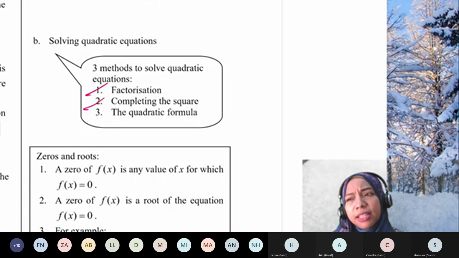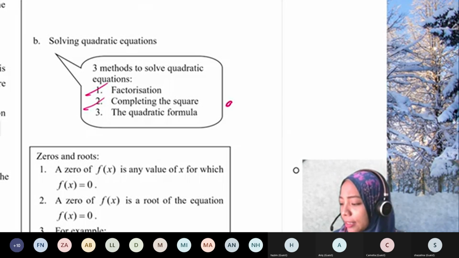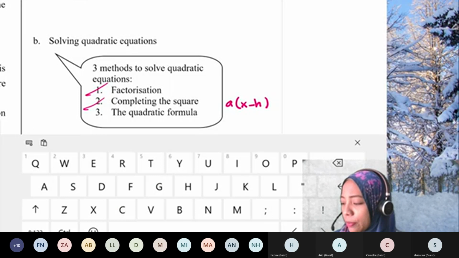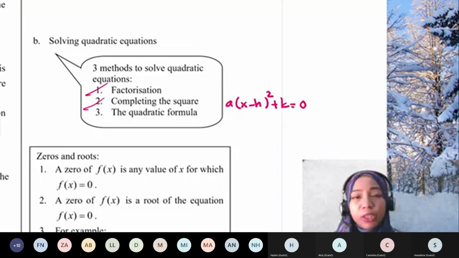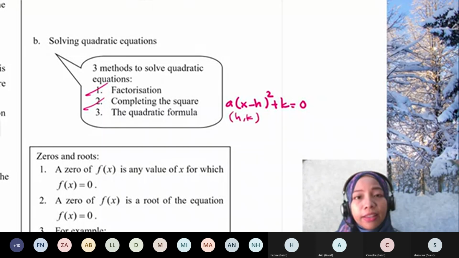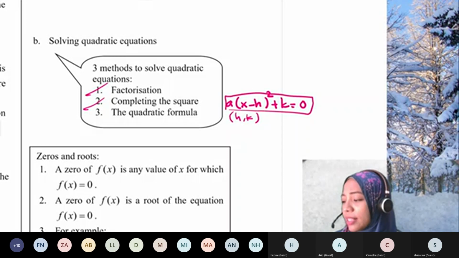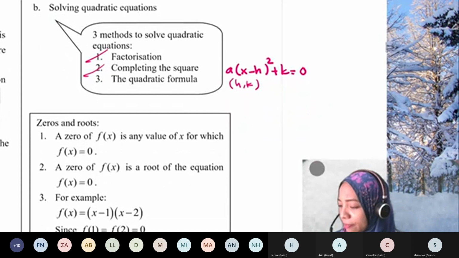And sometimes the question wants you to give your answer in completing square form. Why? Because if you learned before, this is the form of what? This is the minimum maximum point form, right? Where your minimum or maximum point would be h and k. So that's why some questions need you to give your answer in completing square form.